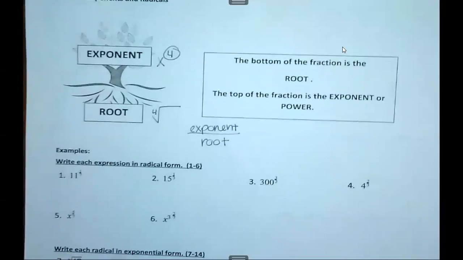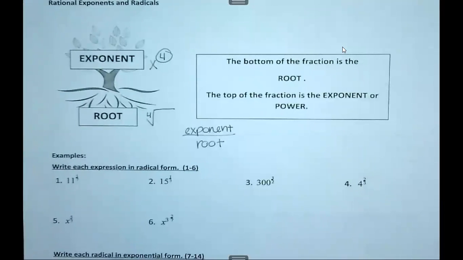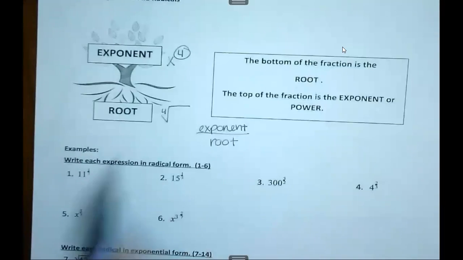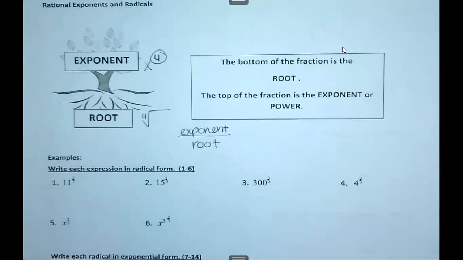So on our first set of examples, they say to write each expression in radical form. Remember, a radical is the same thing as a square root or a root of any number, right? So we need all of these to end up having a root in them. So my fraction here, I've got 11 to the 1/7 power. Remember, the top is my exponent and the bottom is my root.